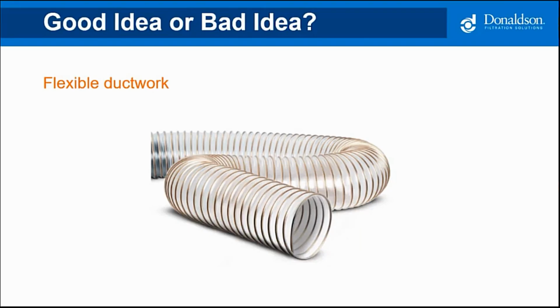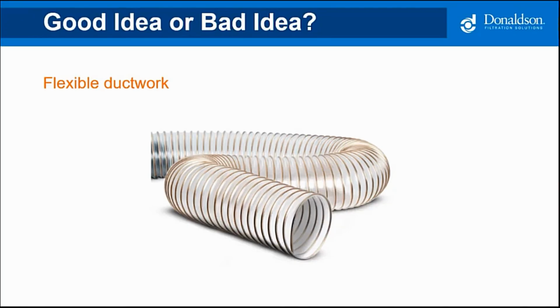I've walked into plants before and seen a 100-foot run of 4-inch flexible ductwork, and it looks like an accordion, up and down, and they wonder why they have no air volume at their hood. It's a 4-inch duct, yes, but it's not straight and it's not smooth. They didn't allow for the static loss. So in your calculations, you may have to use flex duct, therefore allow for it, and it becomes a moot point. So very good on everyone's part there.